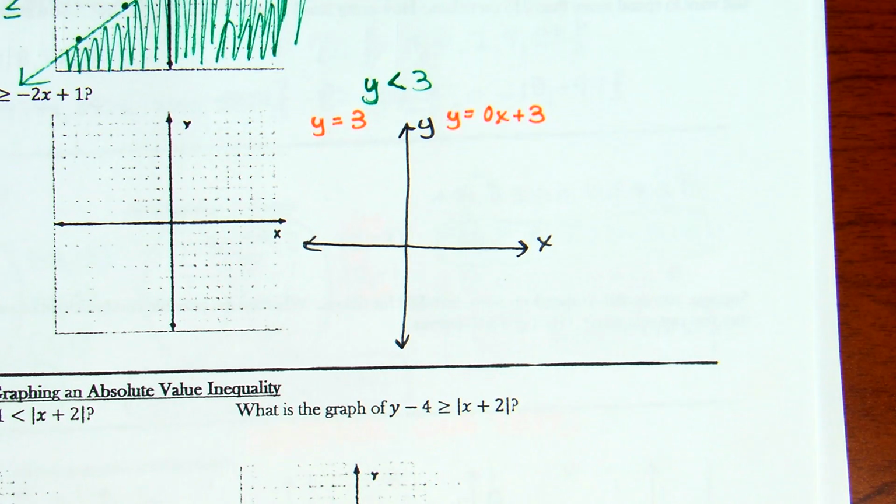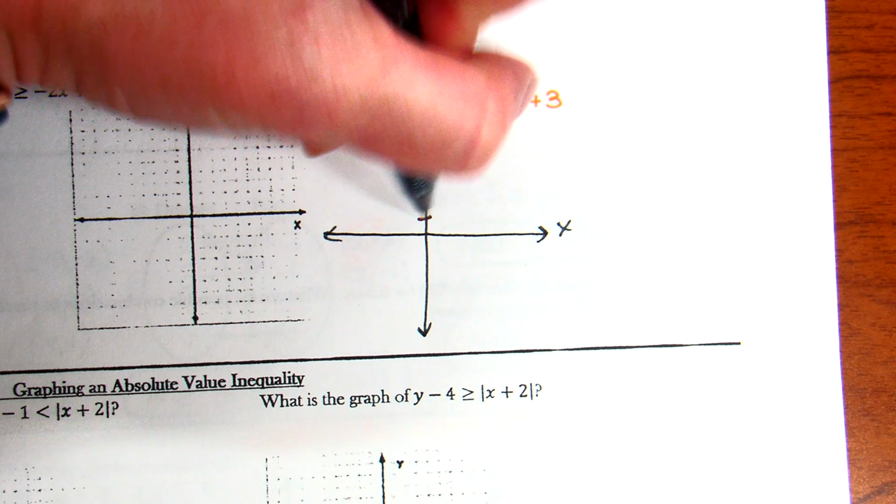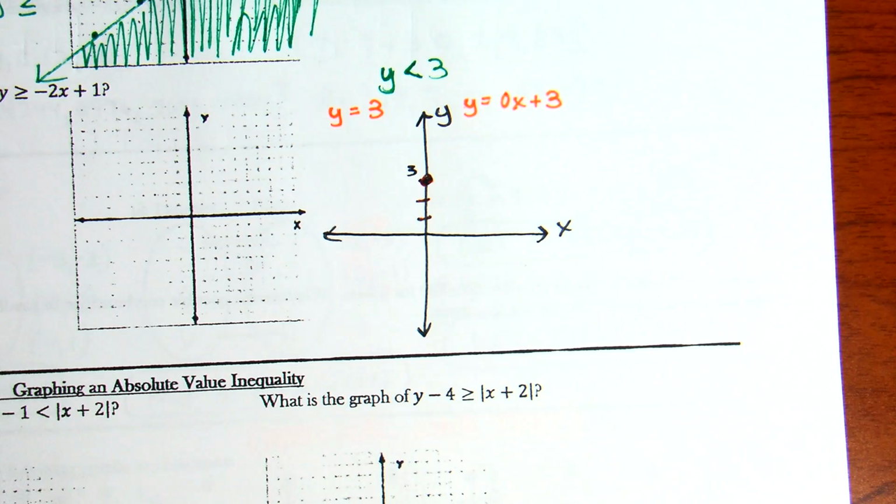So one way to graph this is you think, okay, it's 0x plus 3. That means I have a y-intercept of 3. So I'm going to go up 3, and I'm going to put a dot for a y-intercept of 3.